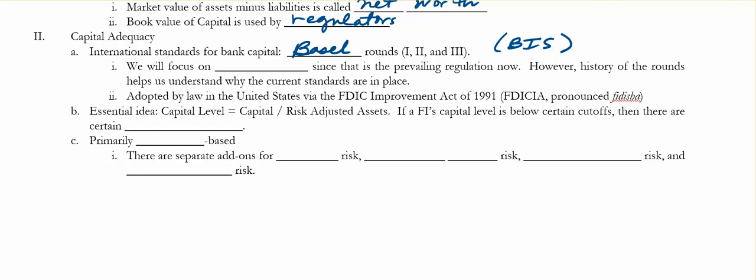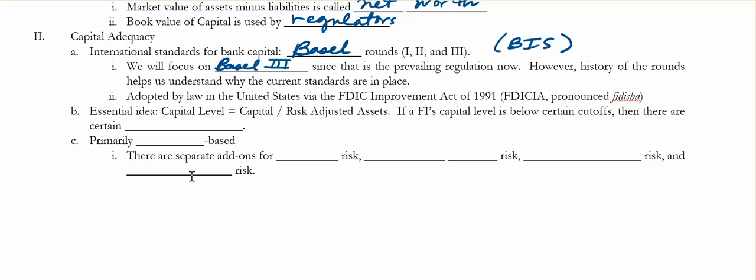There have been several rounds of Basel, where they issue new standards of what the capital levels should be. The latest round was round 3, so we will focus on Basel III in this lecture. The textbook gives a lot more detail about the history of Basel and the reason for the different rounds. And as always, history is very informative to understand where you are right now, but let's just talk about where we are right now for this lecture.